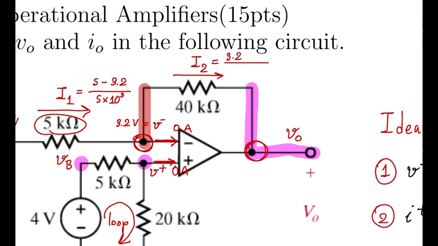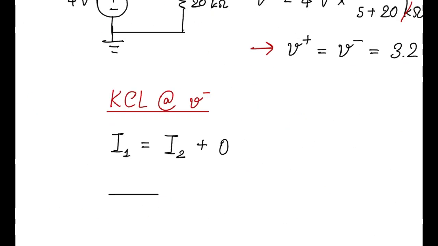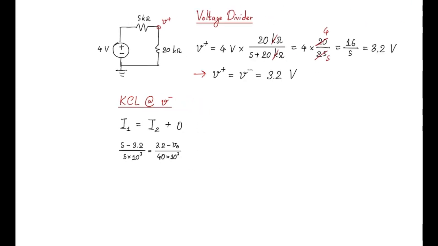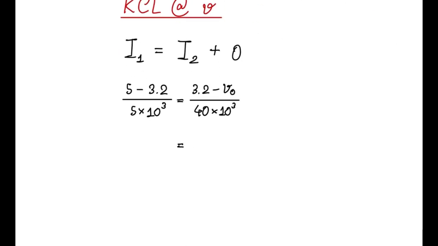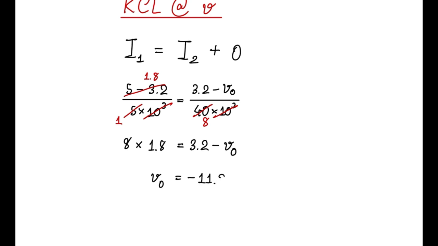Therefore, I2 is equal to 3.2 minus V output, divided by 40 times 10 to the power of 3. Substitute both formulas into the original one and compute. Therefore, we get that V output is equal to minus 11.2 volts.